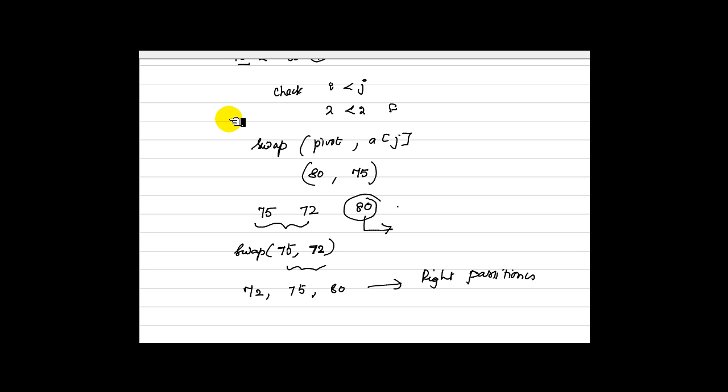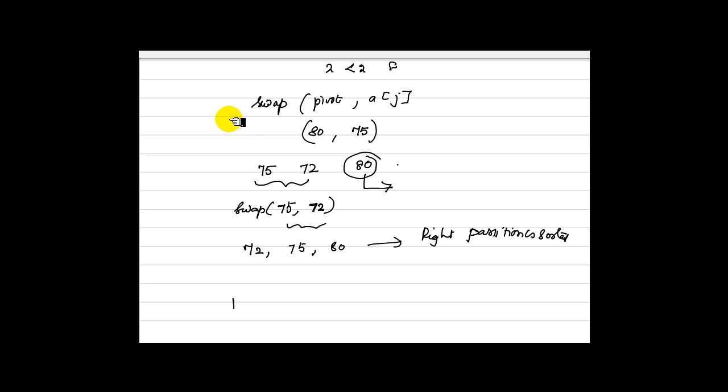And hence our sorted array is 1, 10, 23, 43, 72 and 75. The last element will be 80. Thus we have implemented our quicksort using this example.